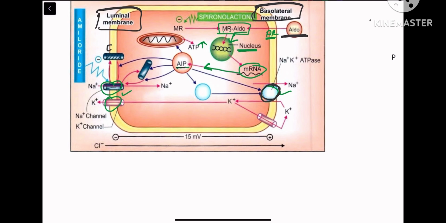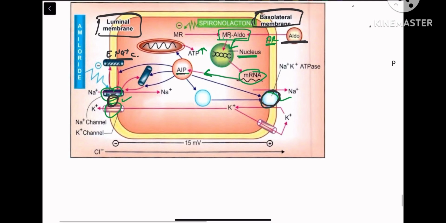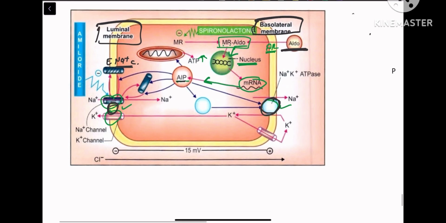Okay, so the AIP acts on the sodium potassium transporter and the epithelial sodium channel and also the sodium potassium transporter. Okay, normally this is how the receptor acts, and now we have the potassium sparing diuretics.